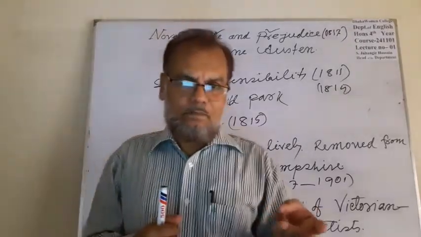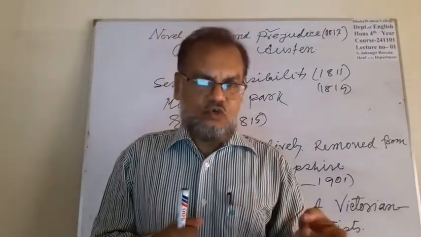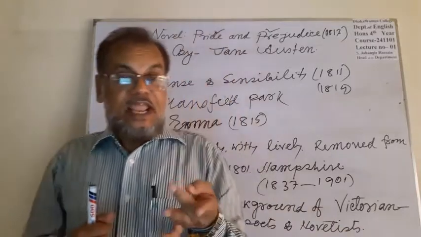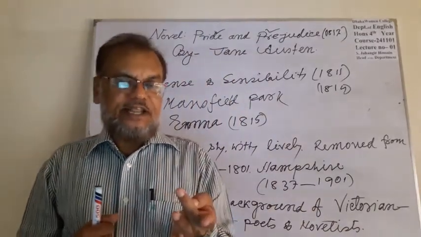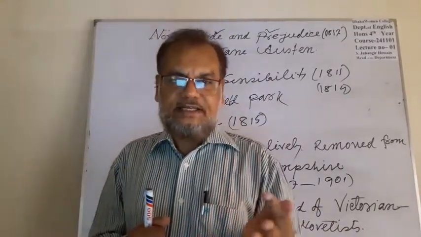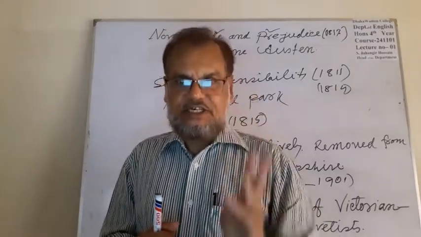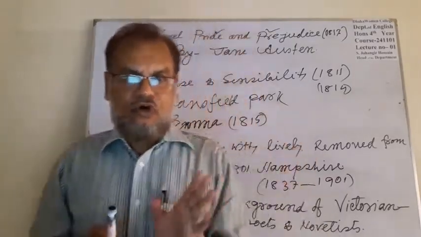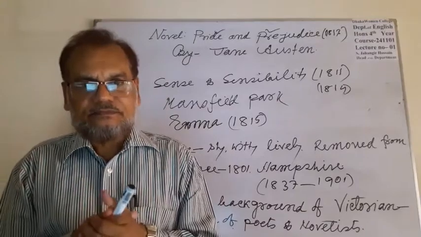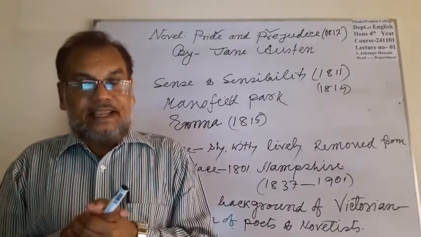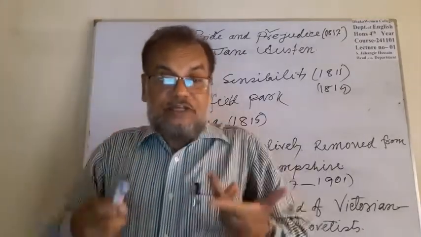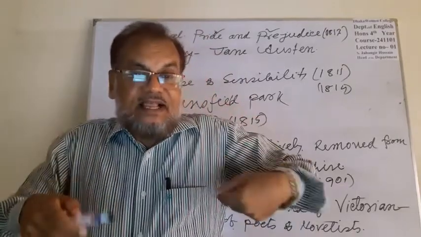Charlotte Bronte, 1816 to 1855. Emily Bronte, 1818 to 1848. And Anne Bronte, 1820 to 1849. They are three sisters. They contributed and tried to enrich English literature.